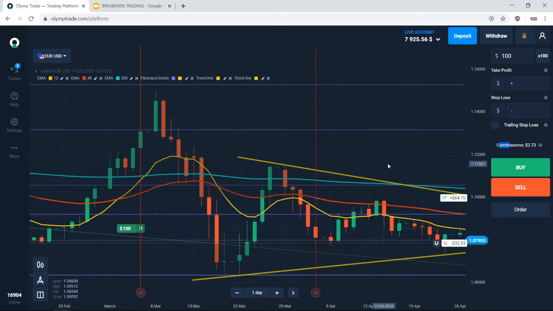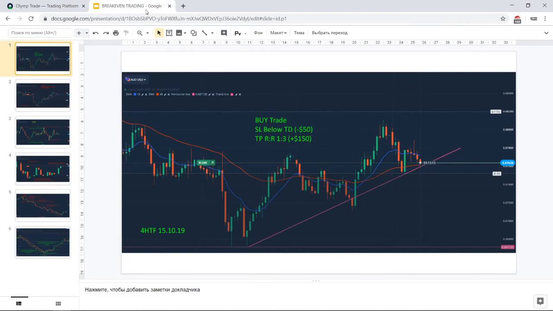In some cases, we can use the moving average. And we can also use indicators like the Fibonacci levels, which can help us with setting our take profit and stop loss levels. I'm going to show you these examples in just a few minutes.